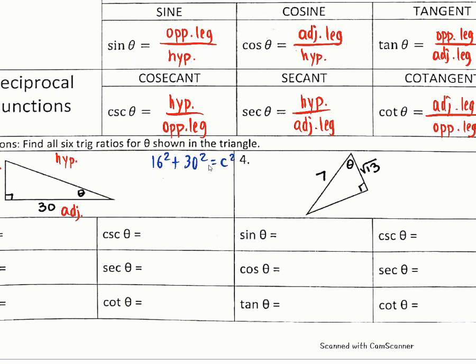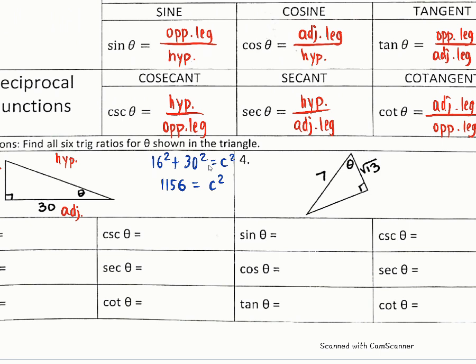So grab your calculator, go 16 squared plus 30 squared. Did you get 1,156? So 1,156 equals C squared.